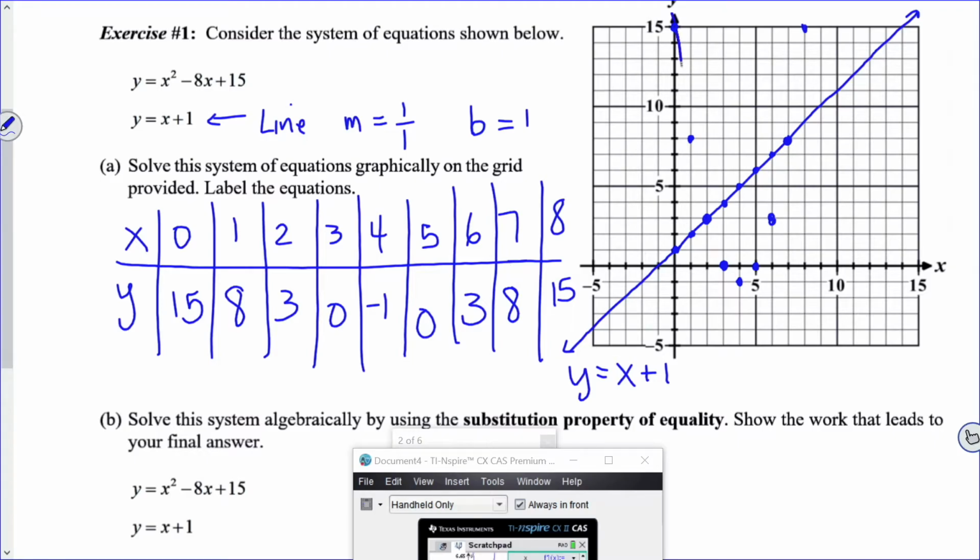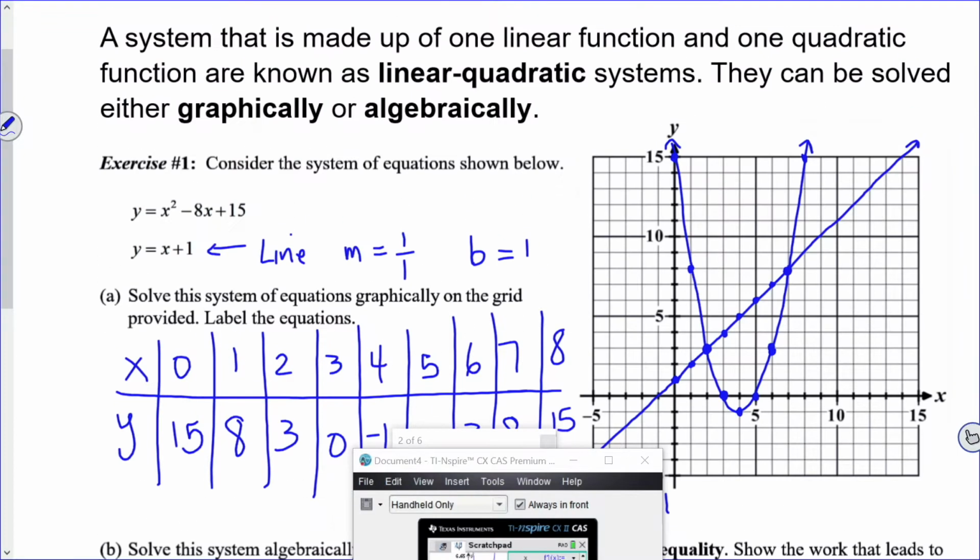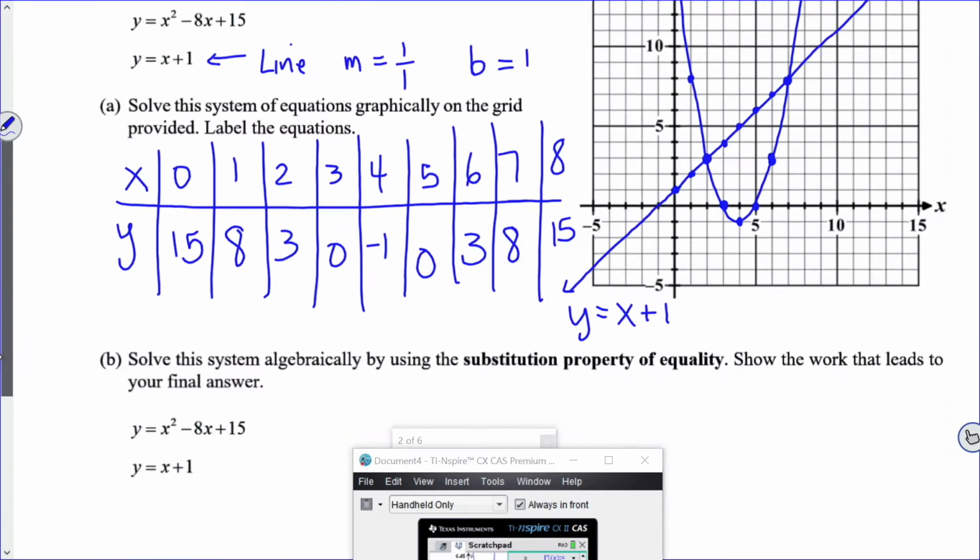So I'm going to draw my parabola in now. Nice and smooth. All right, I'm going to label it with its equation, which I have to do way up here. y equals x squared minus 8x plus 15. All right, so I've got my graph.